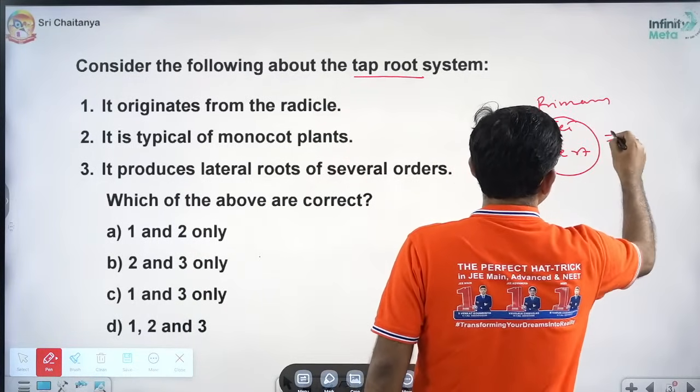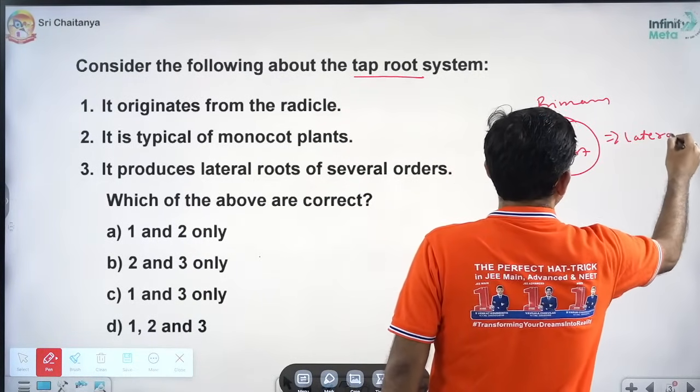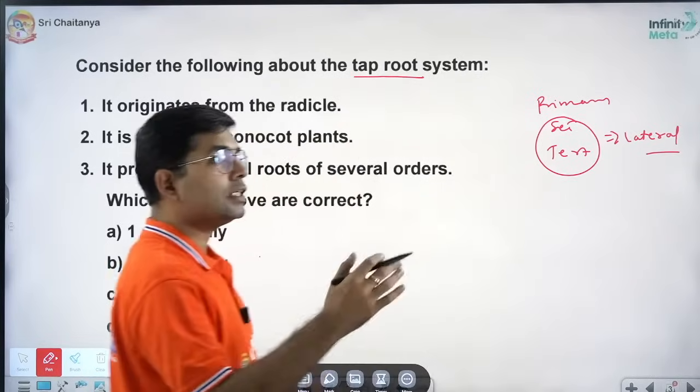These are called the lateral roots. So there is a primary root and there are lateral roots.